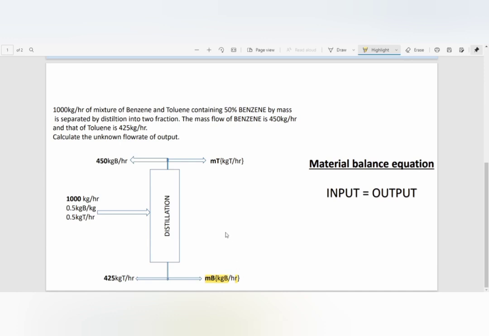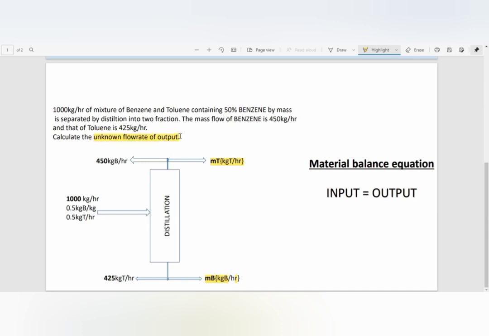It means we will be solving to find the benzene mass flow rate at the bottom and the mass flow rate of toluene at the top of the system.